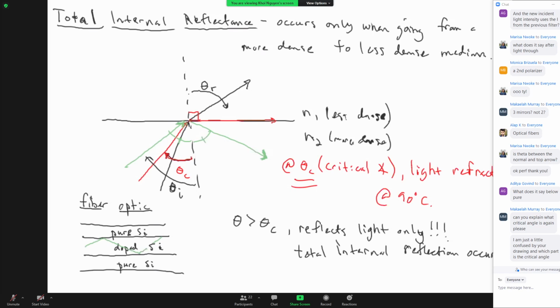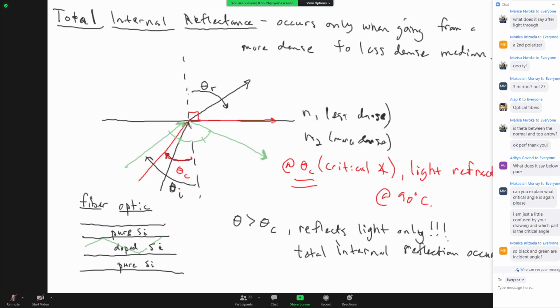The critical angle is a specific angle that will get light to refract at 90 degrees. So because that red line is beyond the 90-degree angle, we have a critical angle. The red line ray is the critical angle because light refracts at 90 degrees.